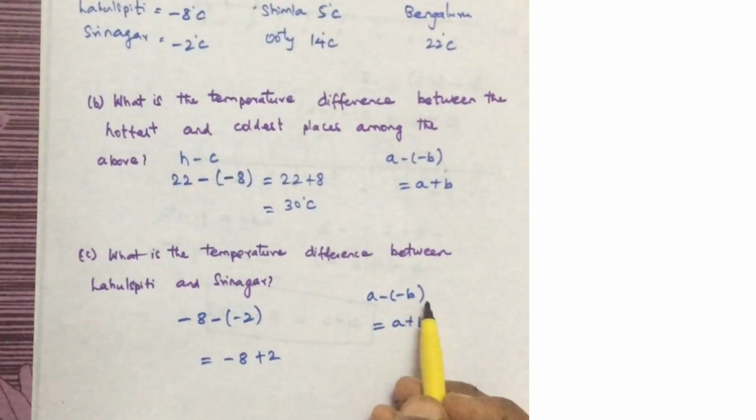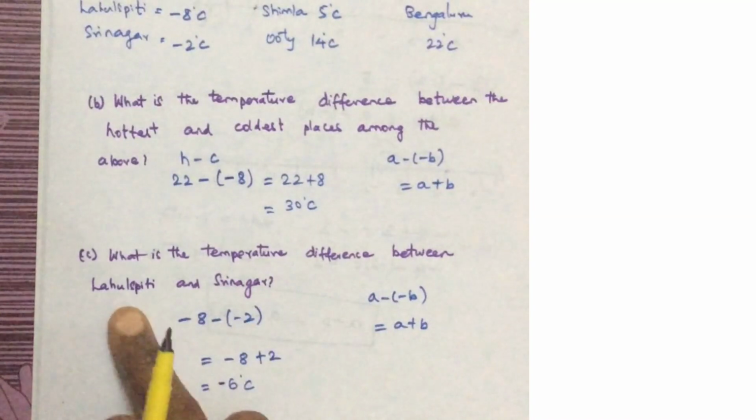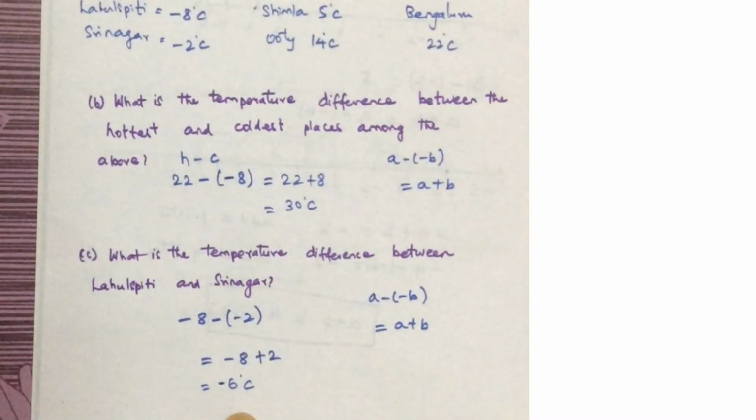Now you see here there are two integers, one is positive, another one is negative. When the signs are different, you have to subtract and put the sign of the greater number. So 8 minus 2 is 6, and 8 is the greater number. So this is the answer. The temperature difference between Lahul Spiti and Srinagar is minus 6 degrees Celsius.